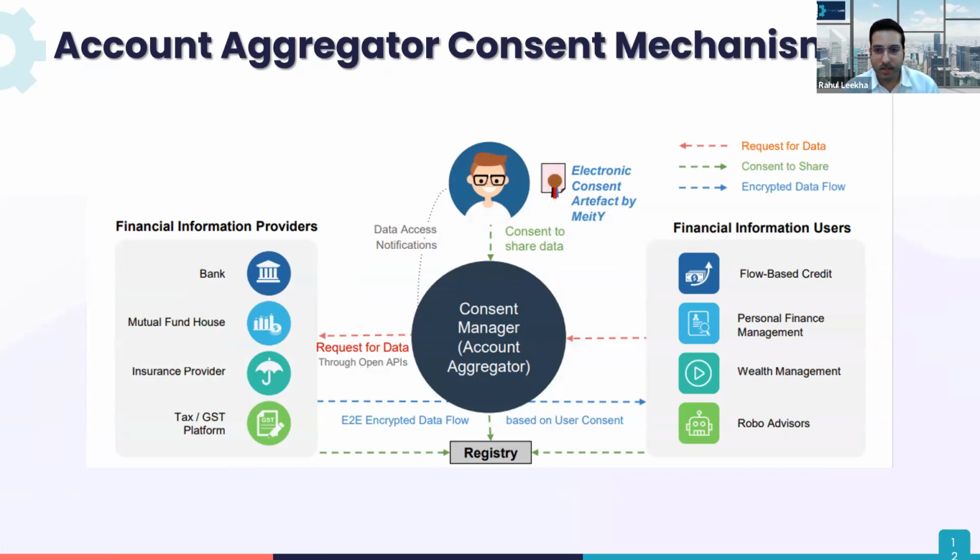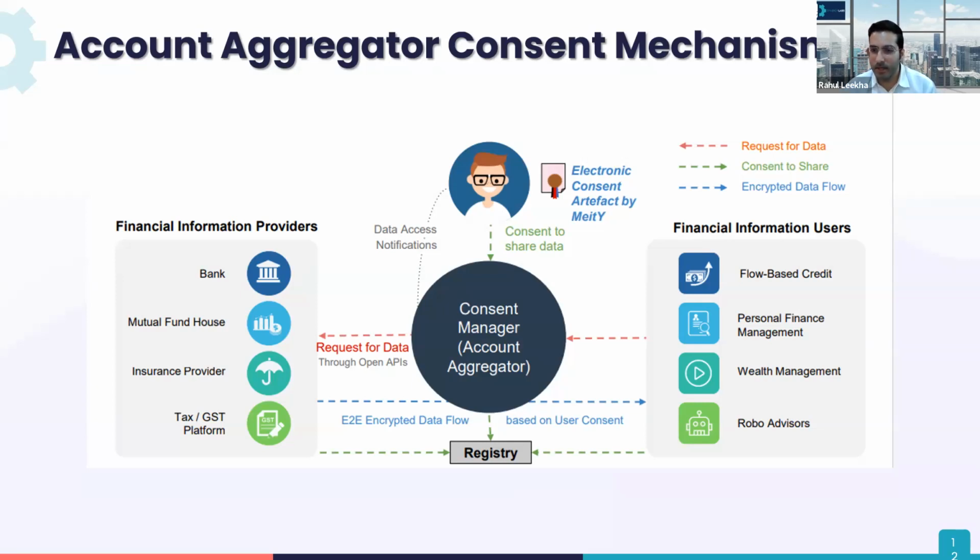They are purely a consent architecture where the data holders like banks, mutual funds, insurance providers, and of course the tax and GST, which is not there yet but soon will be, which is going to be very exciting, can interact with FIUs when they issue a request for consent.